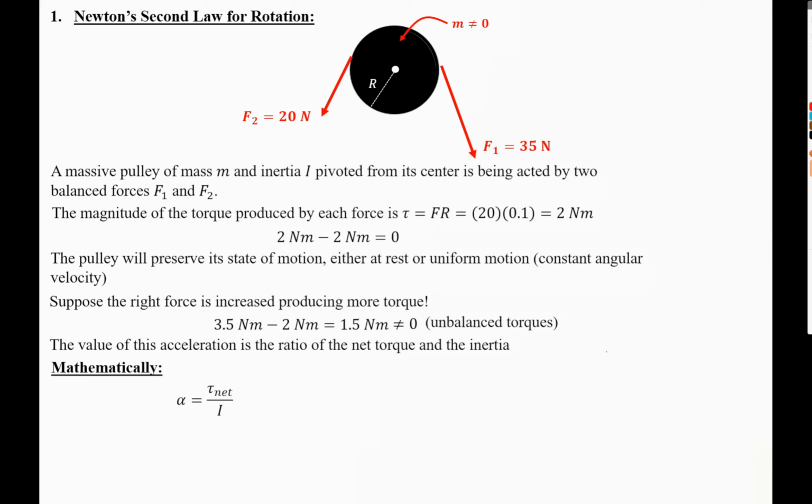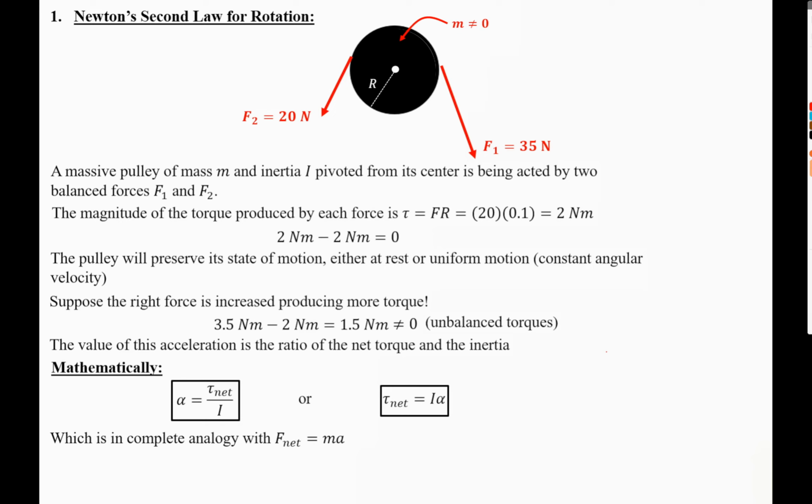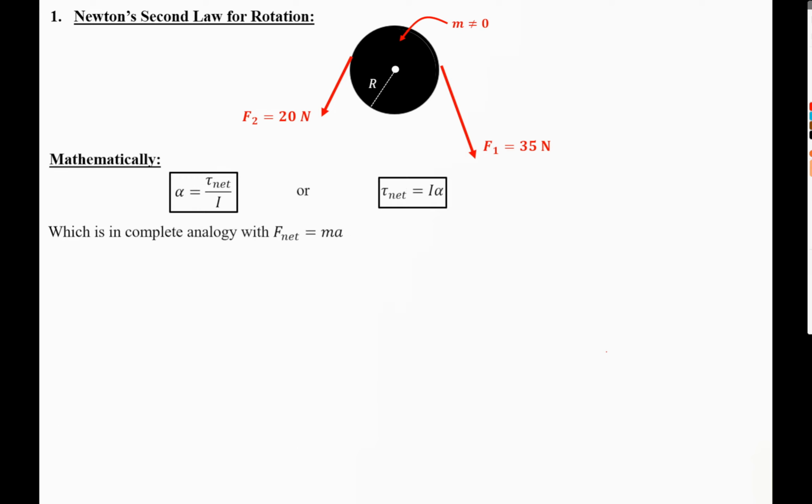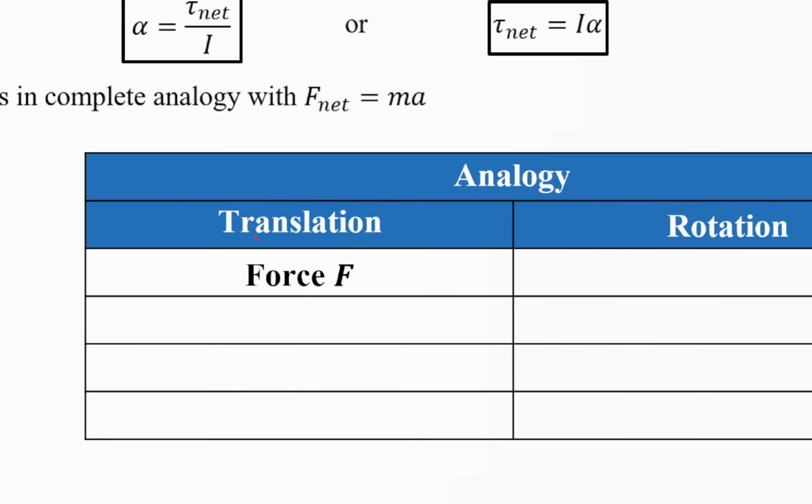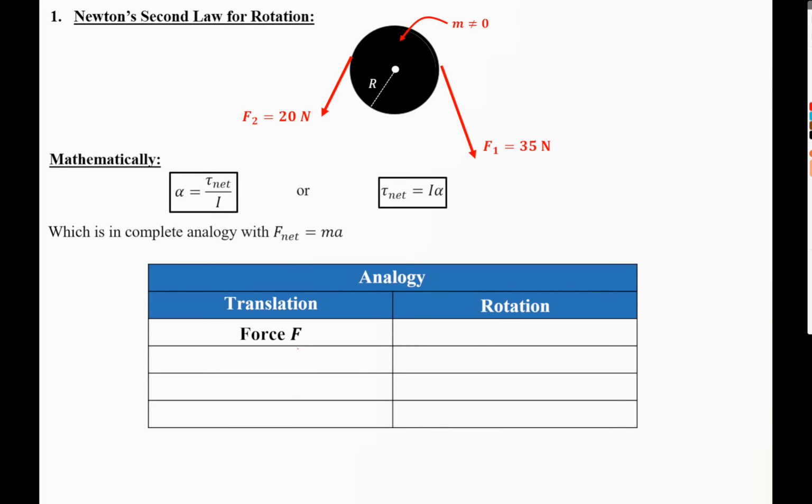Mathematically, this can be written as alpha is tau net over I, or tau net is given by I multiplied by alpha, which is in complete analogy with F net is equal to m a. Let's perform this analogy between translation and rotation. Here we're going to list some quantities related to translational motion. The force F becomes, for rotation, the torque tau.